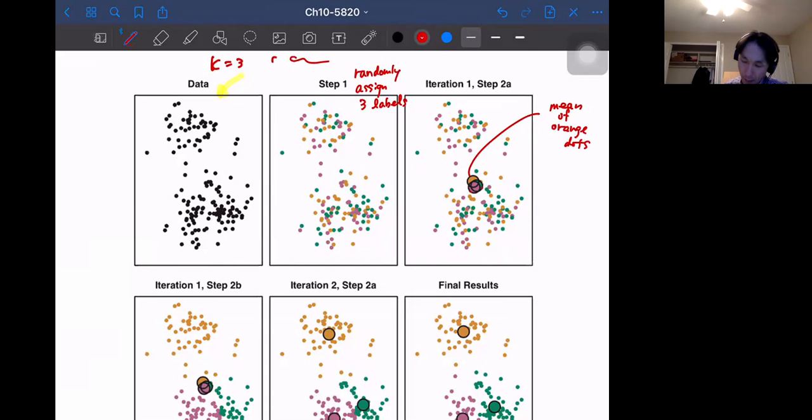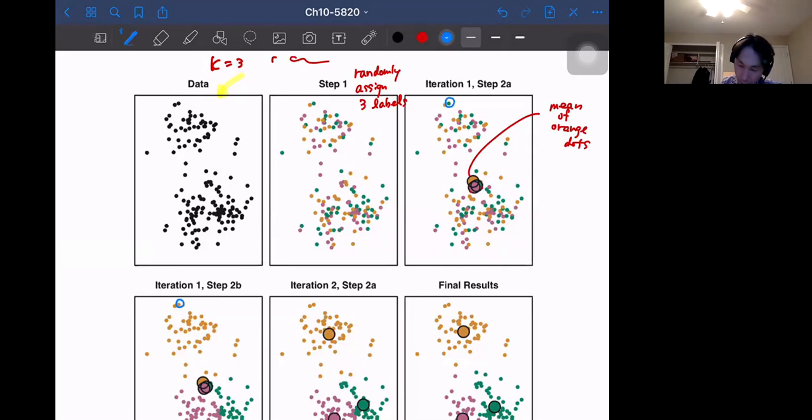Then the second step is that we classify each observation. For example, think about this observation. This observation is closest to the center of the orange observations, so we reclassify it.